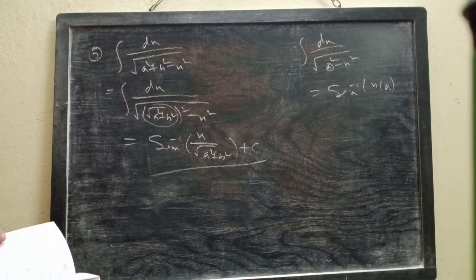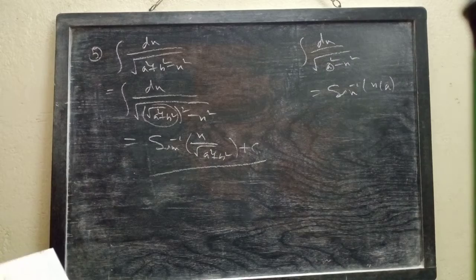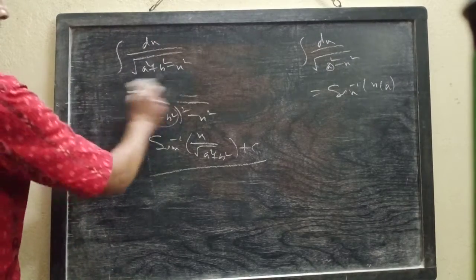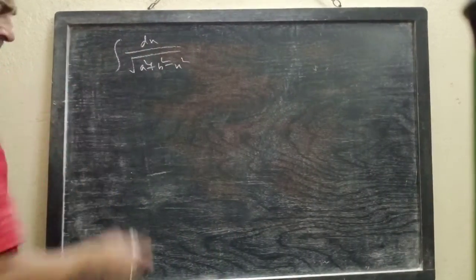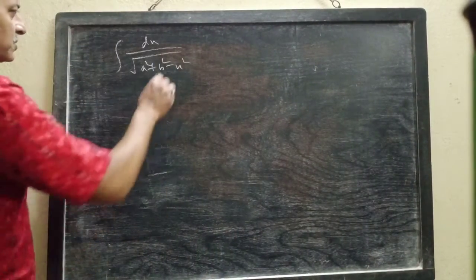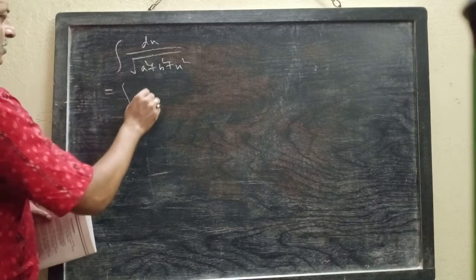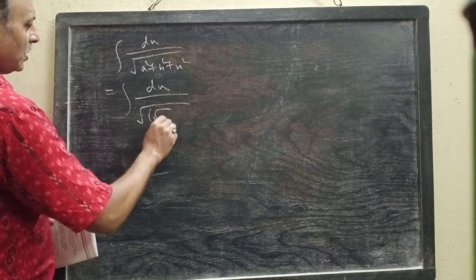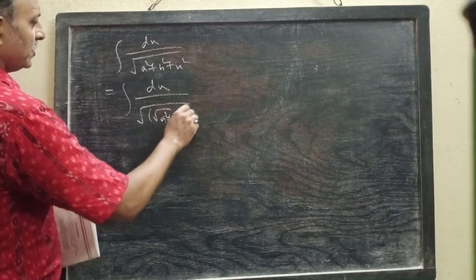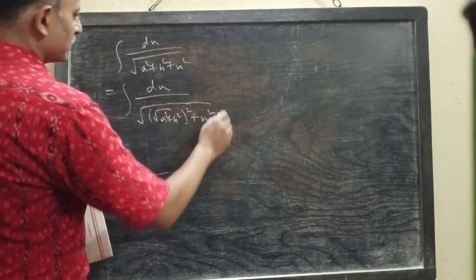Next question. Suppose this is plus sign, then what will be your answer? You have to proceed in this one. Integration dx by under root a square plus b square whole square plus x square.